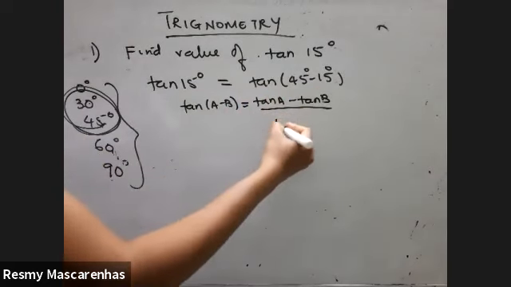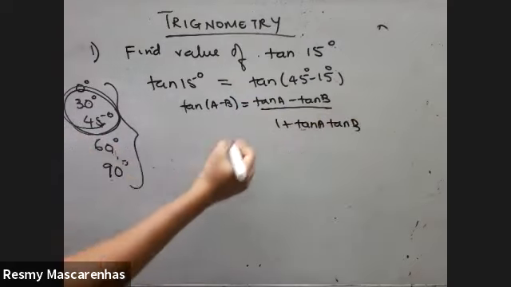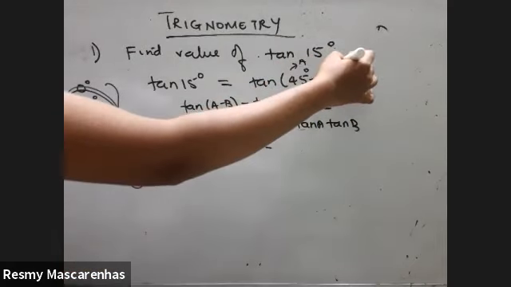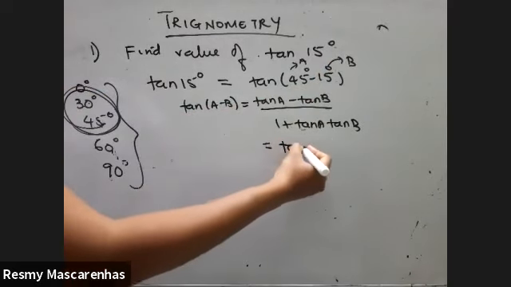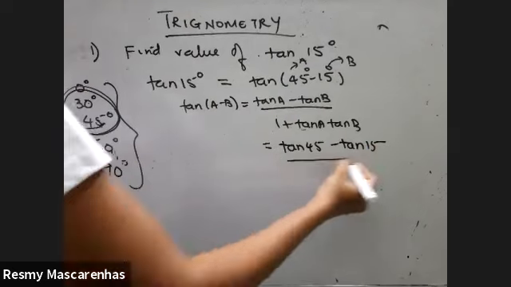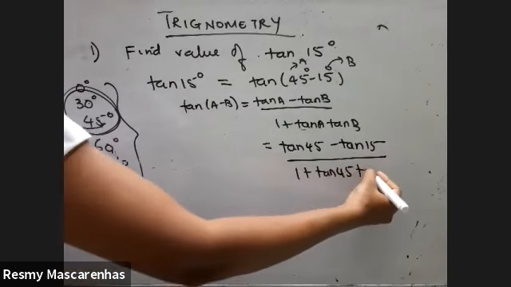So this is the formula you have to use. So this is your a and this will be your b. So tan 45 minus tan 15 upon 1 plus tan 45 tan 15.